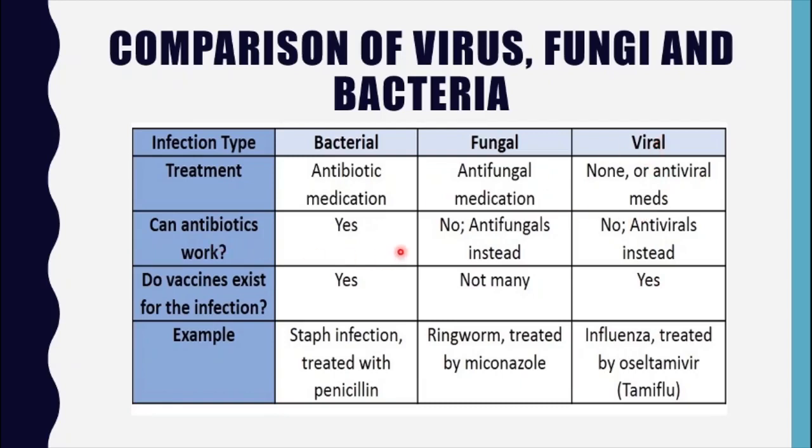Antibiotics only work on bacterial infection and don't work on fungal and viral infections since they have their own treatment. And vaccines can only exist for bacterial and viral infections and not many for fungal.